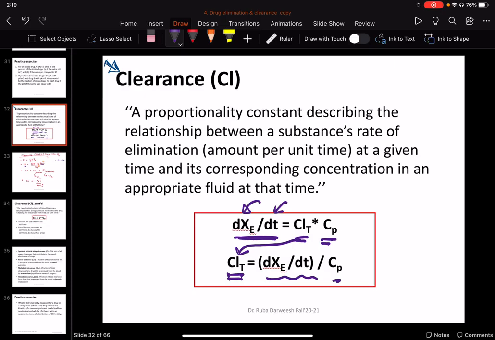If we define it in words, it's a proportionality constant describing the relationship between the drug's rate of elimination as amount per unit time at a given time and its corresponding concentration in the appropriate fluid at that time, which is the same as this equation that we already know.